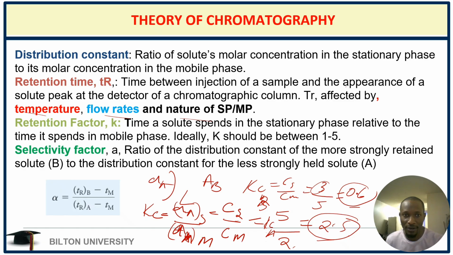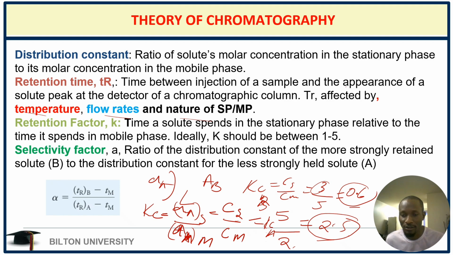Let's look at the flow rates. If the flow rate is high, meaning that the mobile phase will move faster, the retention time is going to be reduced, because retention time, remember, is the time they spend within the column. So if the mobile phase is moving faster, it means that they spend less time in the column, and therefore the retention time is reduced.